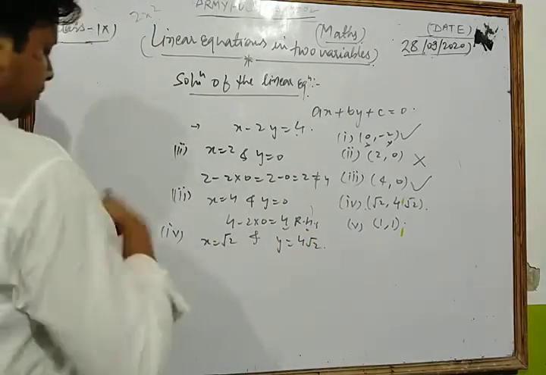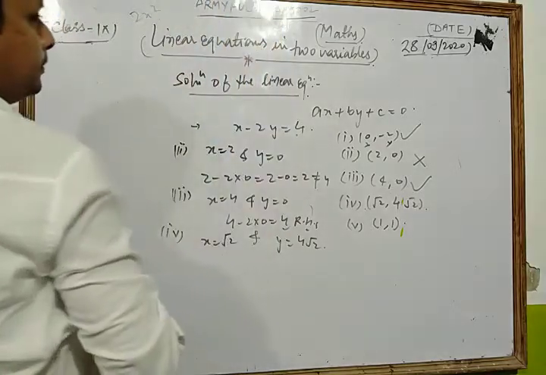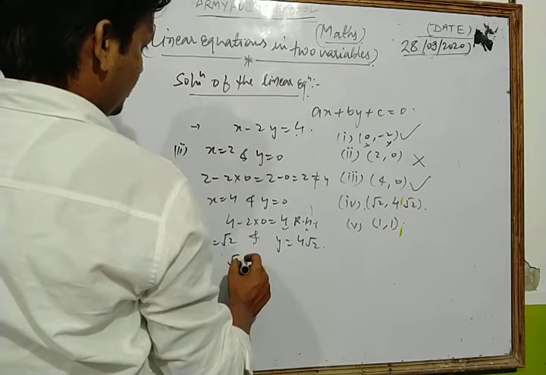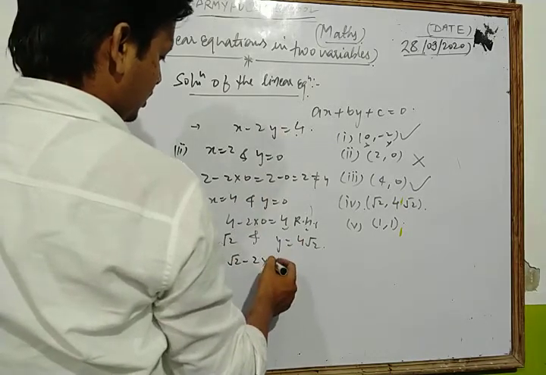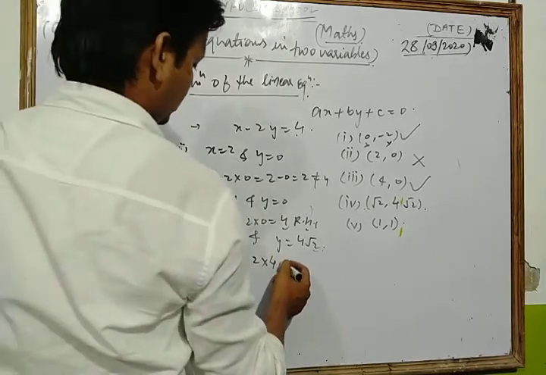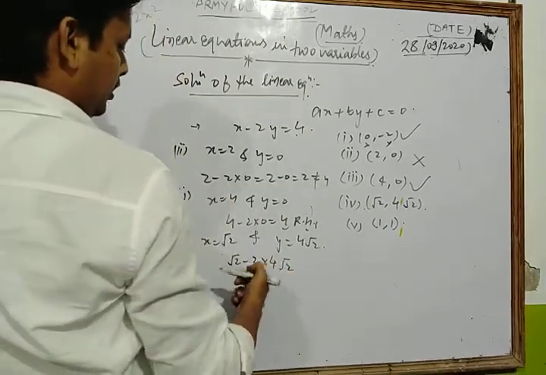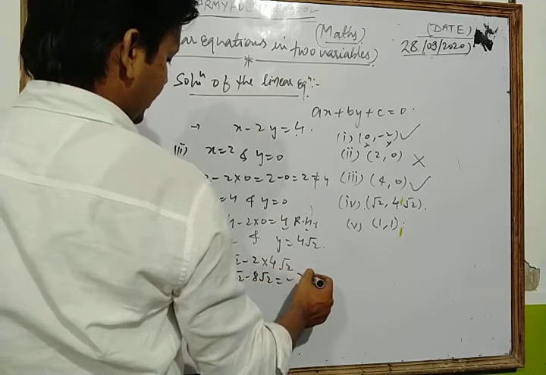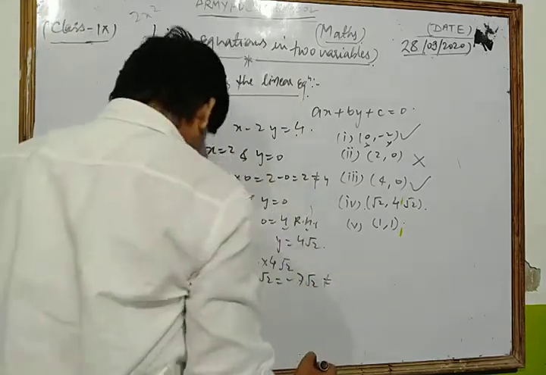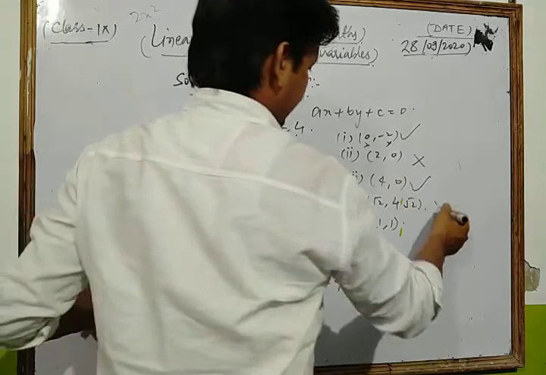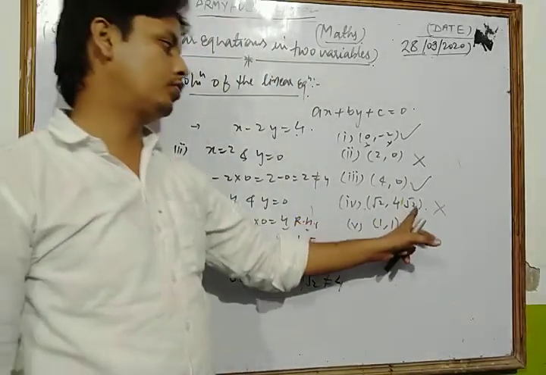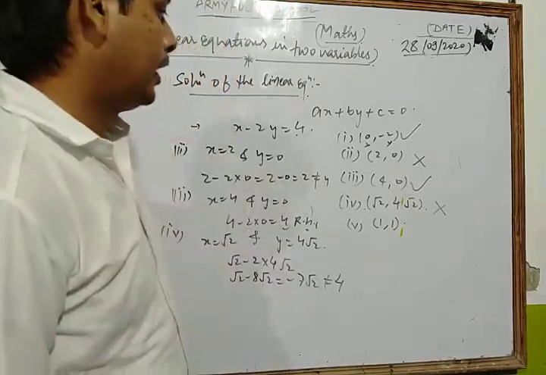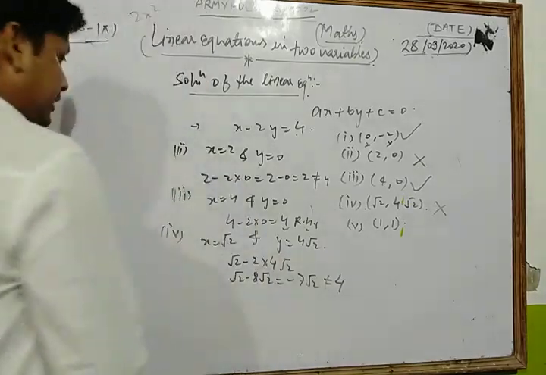Then we get root 2 minus 2 into 4 root 2, which is root 2 minus 8 root 2, which is minus 7 root 2, which is not equal to 4. Thus we can say that root 2, 4 root 2 is not a solution of the given linear equation. Now we take the last part of this question and check it.